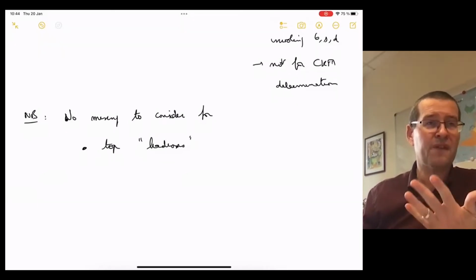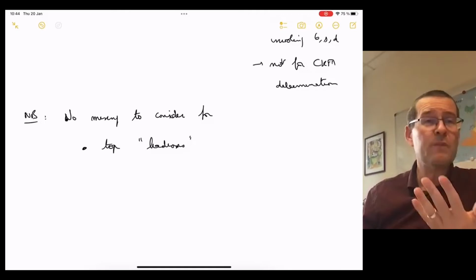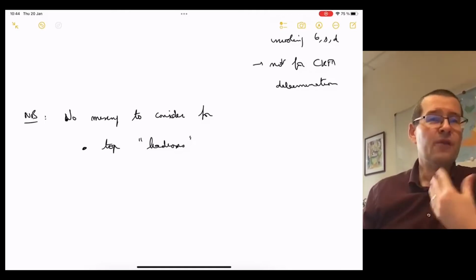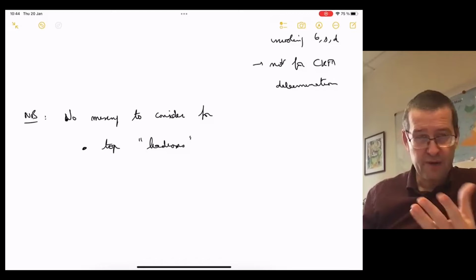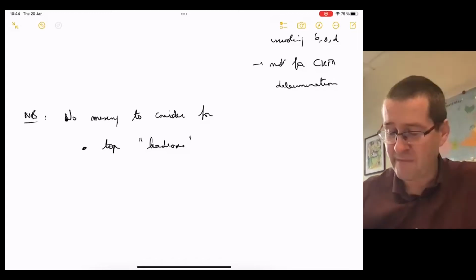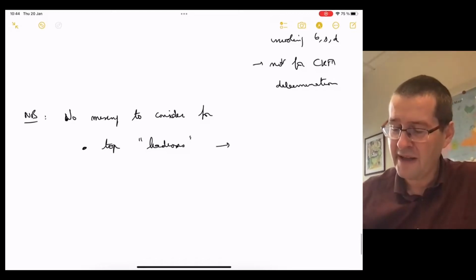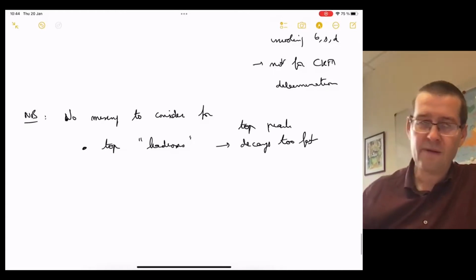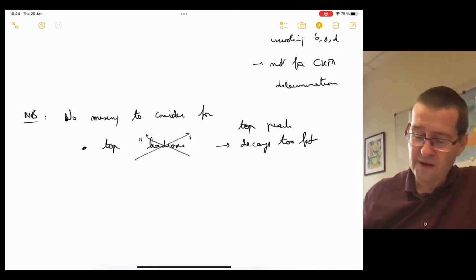The process you're trying to probe is a weak process, a loop process, which is suppressed, and it will never occur before the decay occurs. So the top hadrons clearly decay too fast. And by that, I mean the top quark decays too fast.